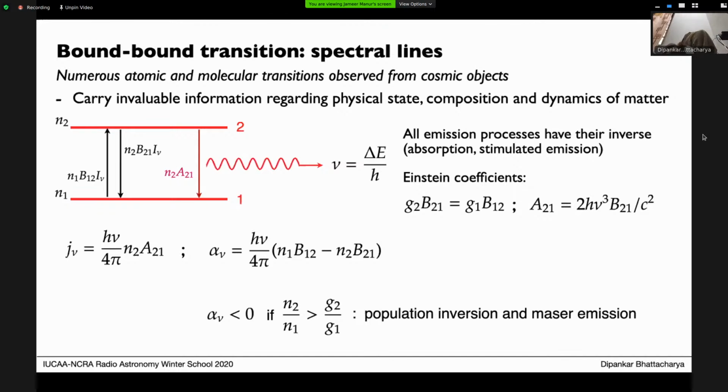And this is called maser emission or laser emission. For this, one has to create a population inversion by which N2 B21 becomes larger than N1 B12. So if such a population inversion does take place, then you can see maser amplification of incident radiation.